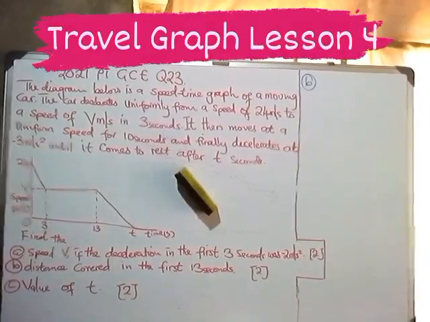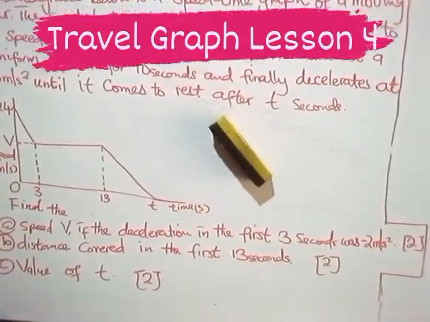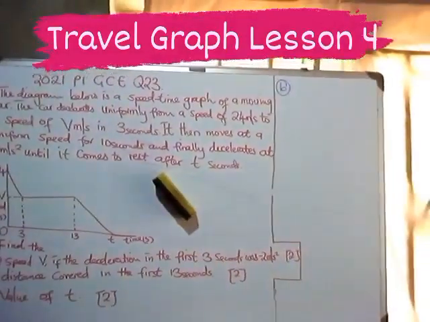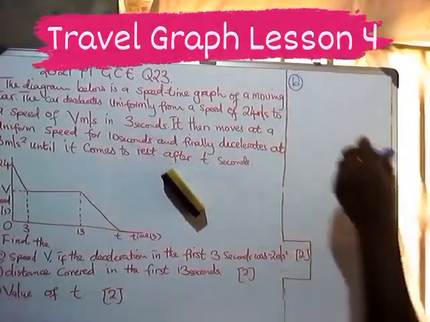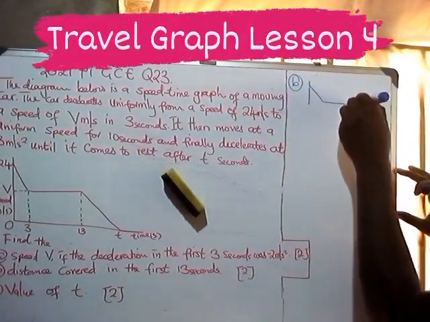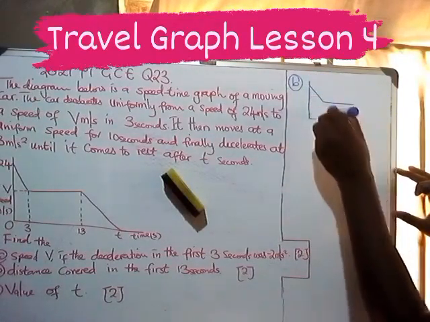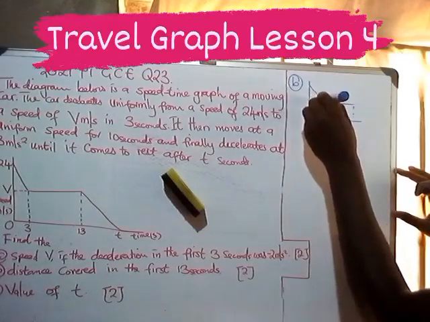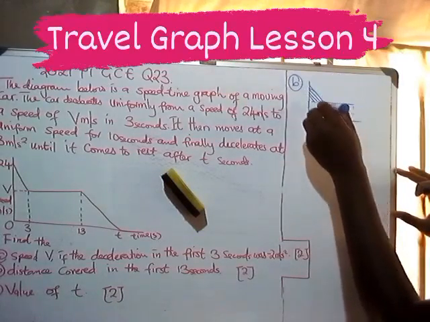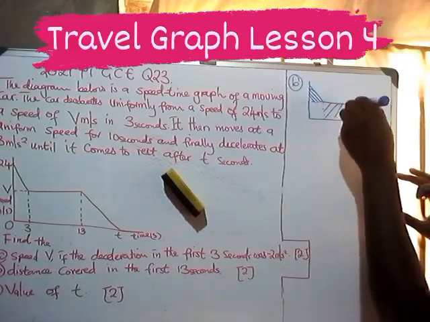Question number B is: find the distance covered in the first 13 seconds. So we are finding the distance covered in the first 13 seconds. We have something like this, then we have something like this. So we are going to find the area of this part here, then we also find the area of this part here.